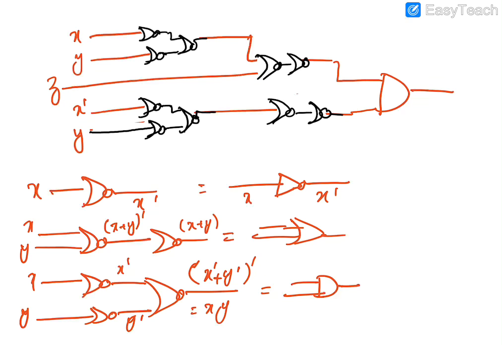So this OR gate will have another input which is Z. Finally we have this AND gate.